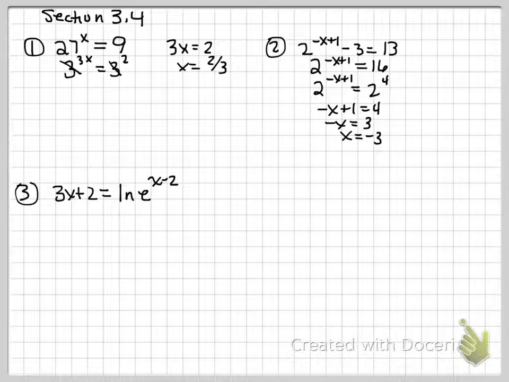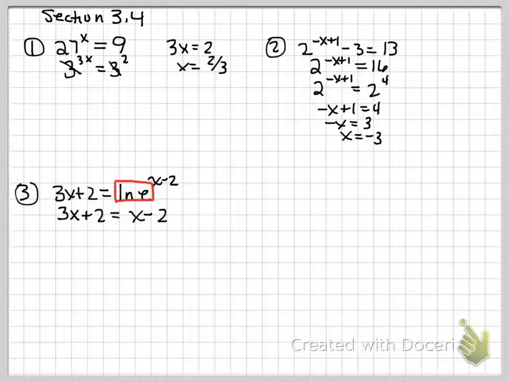Now one thing you should remember is that when you are doing natural logs, or actually any logs, if you take a log with its base, in this case the ln and e, they're going to cross themselves out. They cancel each other out because they're inverses. So 3x plus 2 is going to be left with just that exponent, x minus 2.